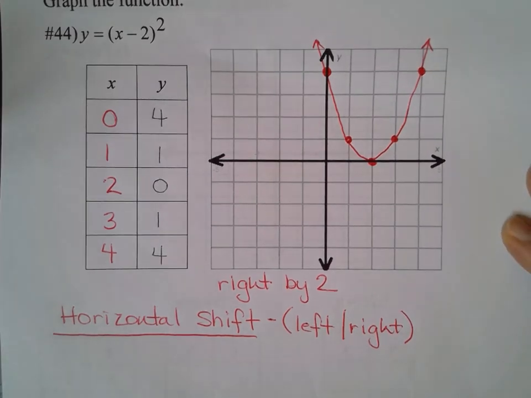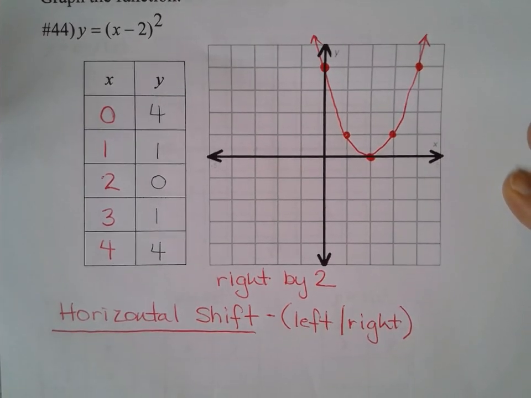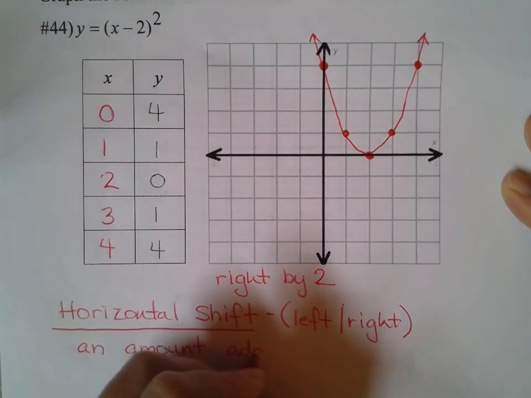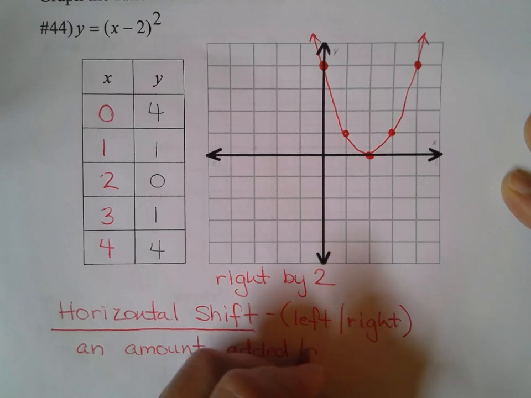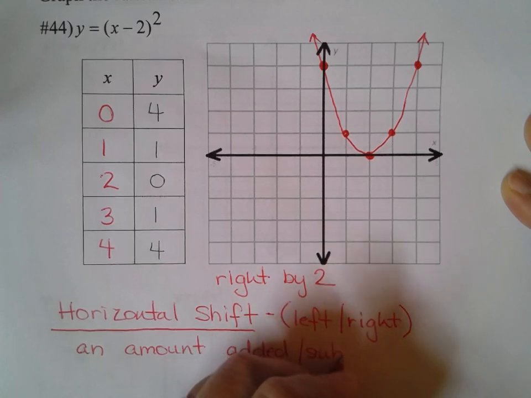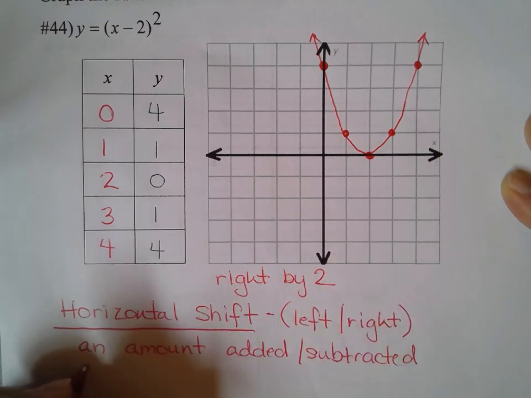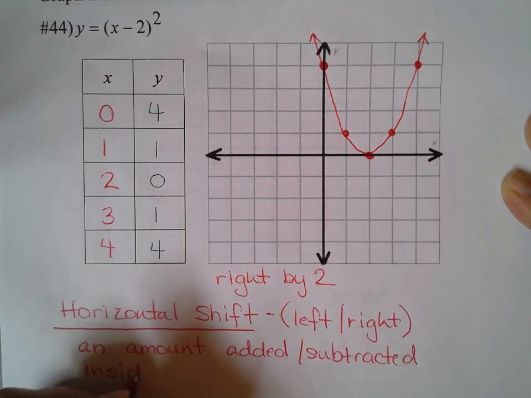And when the graph is shifted horizontally, we're going to see an amount or a number added or subtracted this time inside the basic function.